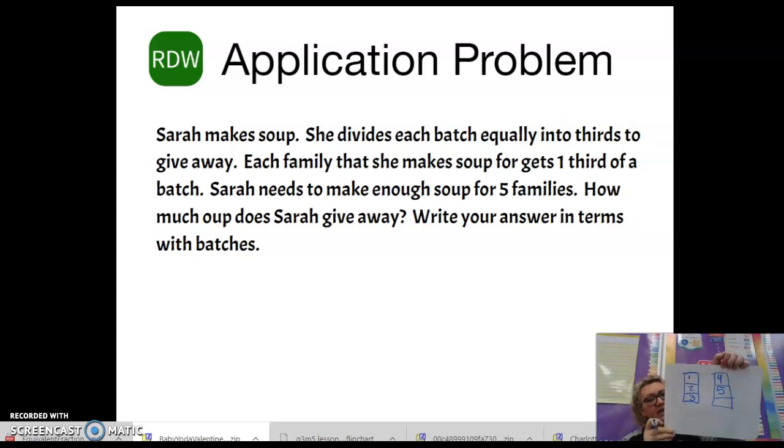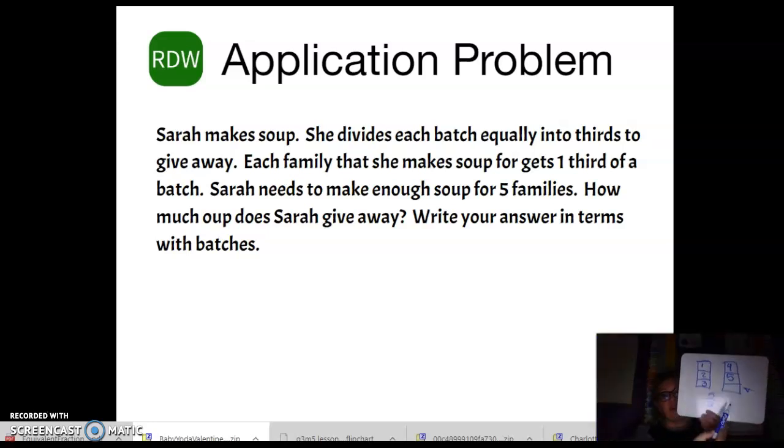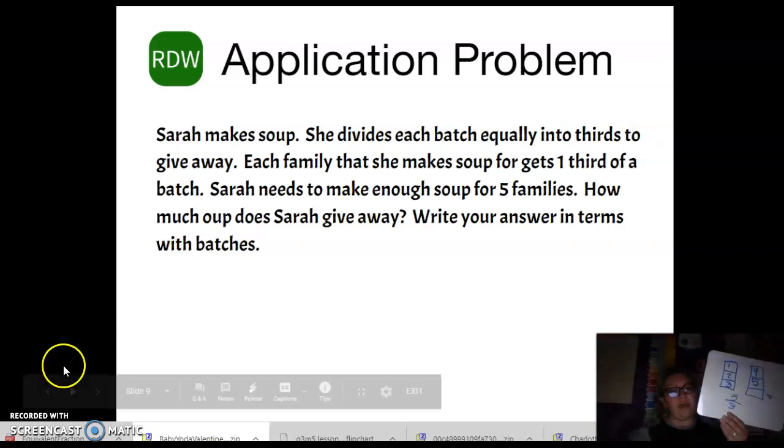So Sarah has to make 2 batches, but the second batch, she's only going to use 2/3 of the batch, and there will be 1/3 left for her family or for her friend or whatever. So she needs to make 2 batches, and she gives away 5/3, or she is giving away 1 1/3.